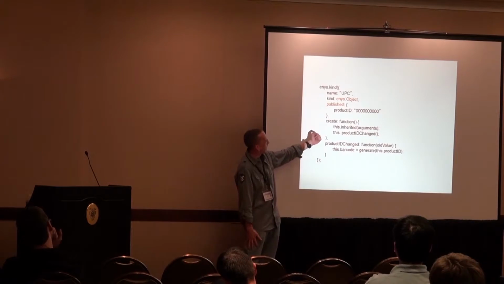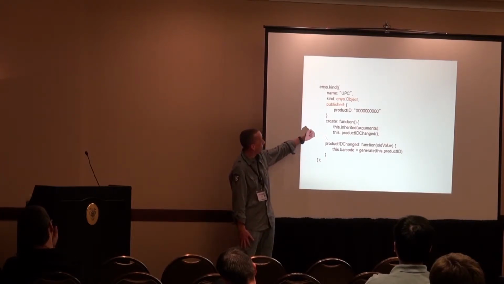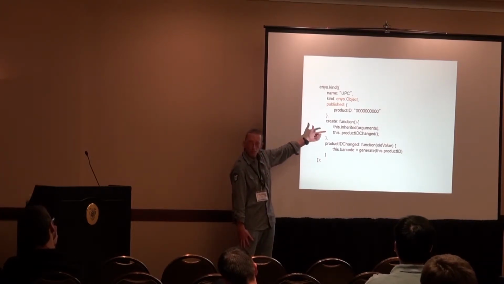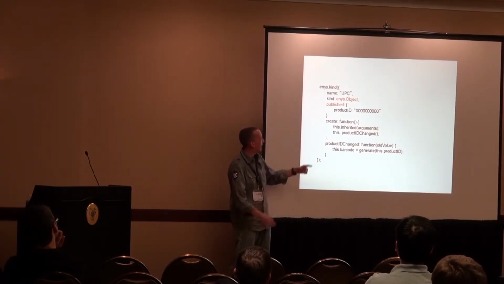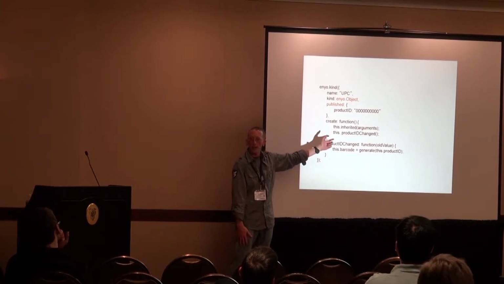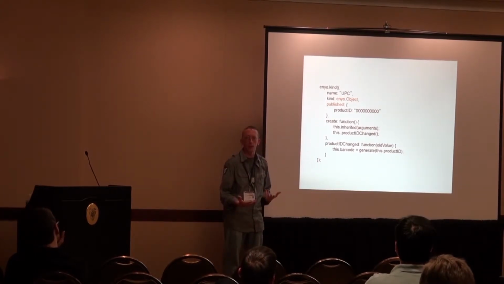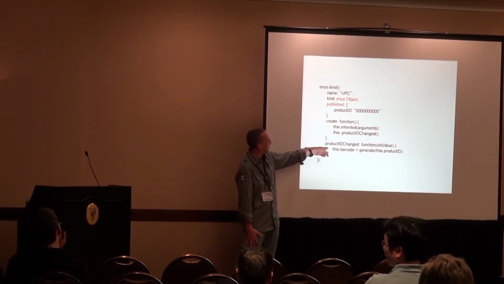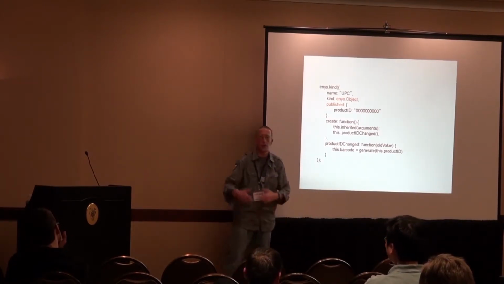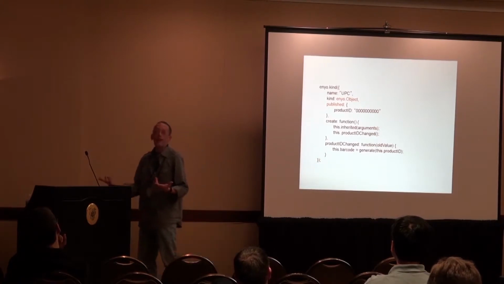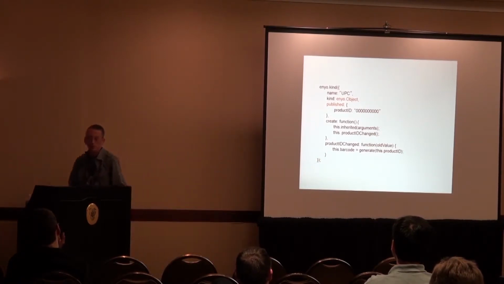Okay, so that means every published property gets an automatic setter or getter method. So there's an automatic setProductID or getProductID method that's generated whenever I create this kind. I can also provide a property changed function, productIDChange, to run every time I run set on the value and it changes.